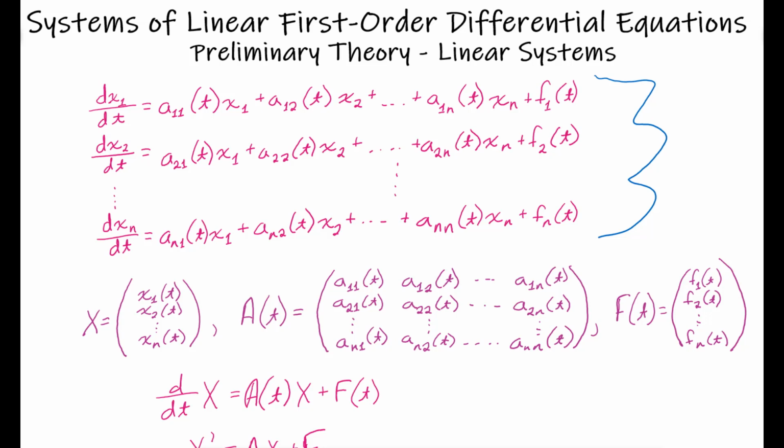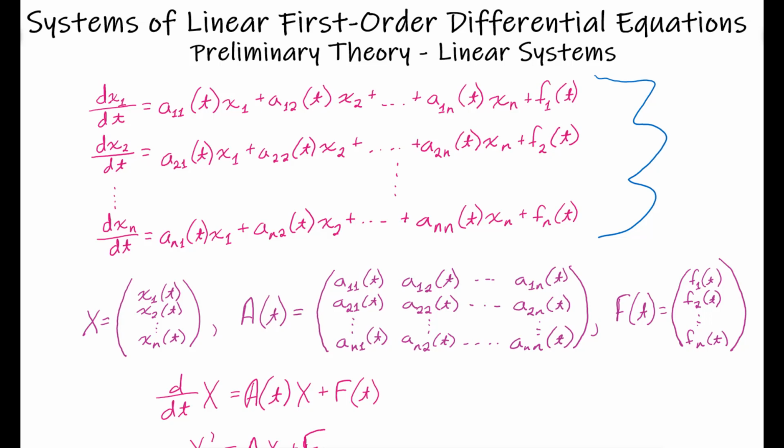It gets a bit clunky and cumbersome to write these things this way. So mathematicians use this shorthand where we take all of our functions of t, so x1 of t, x2 of t, all the way up to xn of t, and we put them together into a vector and we name it capital X. You'll notice when it's written in books and in type printing places, it'll usually be a bold X there.